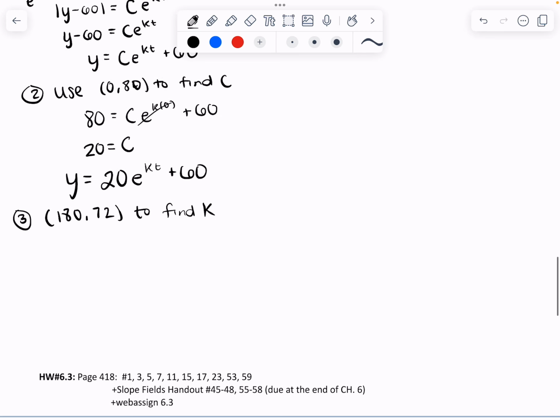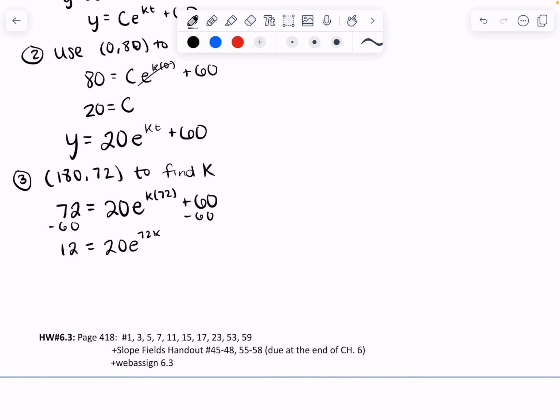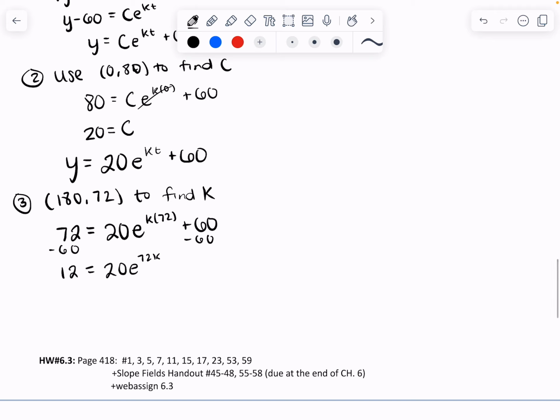Okay, so we're going to plug this in. So we get 72 equals 20 e to the k times 72 plus 60. Start to solve. Subtract 60 from both sides. We get 12 equals 20 e to the 72k. Divide both sides by 20. Wait, what am I doing? This is not 72.